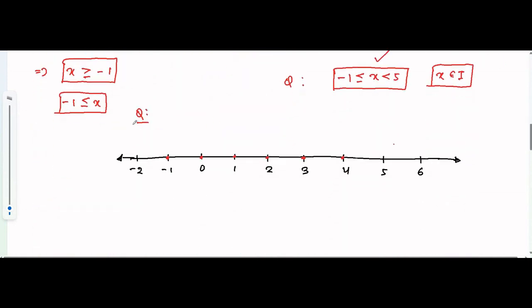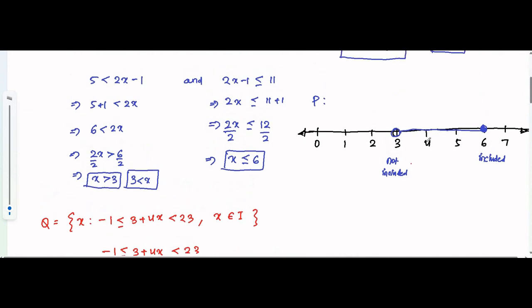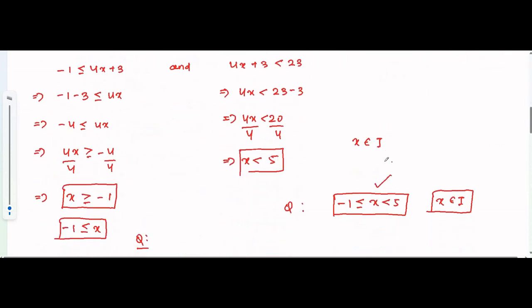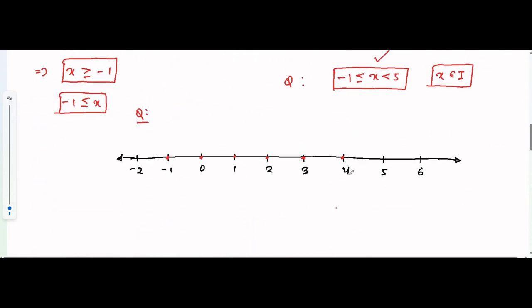So P intersection Q will be the common values. Here there is 4, and here also 4 is included in the solution. So the only element common to both P and Q is 4.